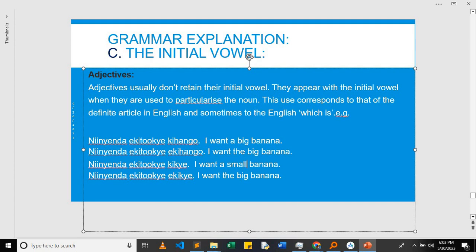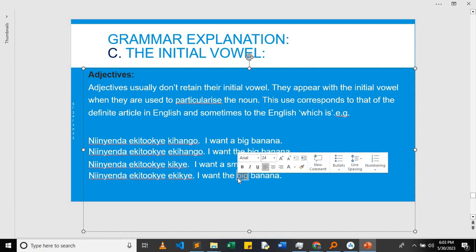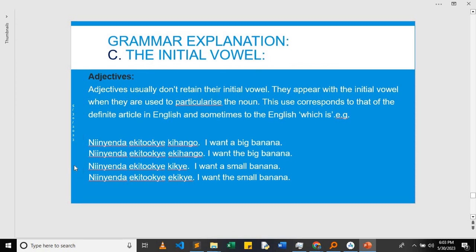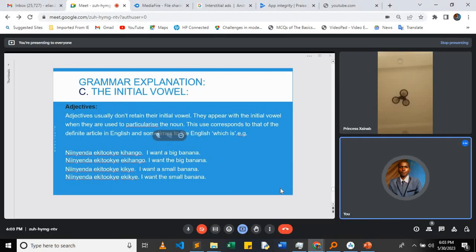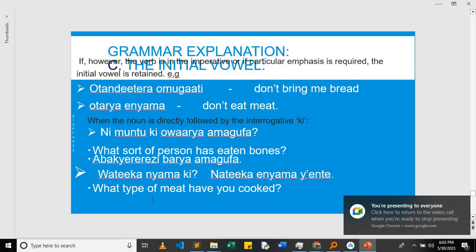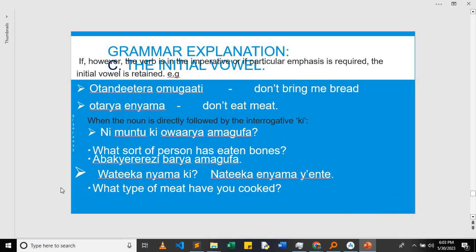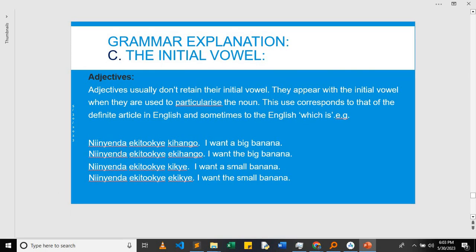I want the small banana. You know that I lost connection some time back. I actually had you exit, but you exited before, we were still here. We had finished here of wateka nyamaki. So now we are seeing some sentences where you have the and where you don't have the. Like here, ninyenda echitoche chango.